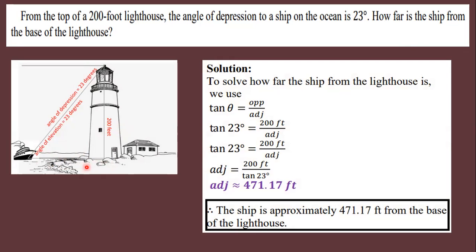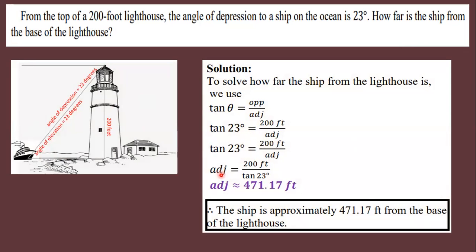You need to situate it well. To solve how far the ship is from the lighthouse, we use tangent theta is equal to opposite over adjacent. Then tangent 23 degrees, since we have 23 degrees given, is equal to 200 feet for the opposite all over adjacent. And then we manipulate our solution.